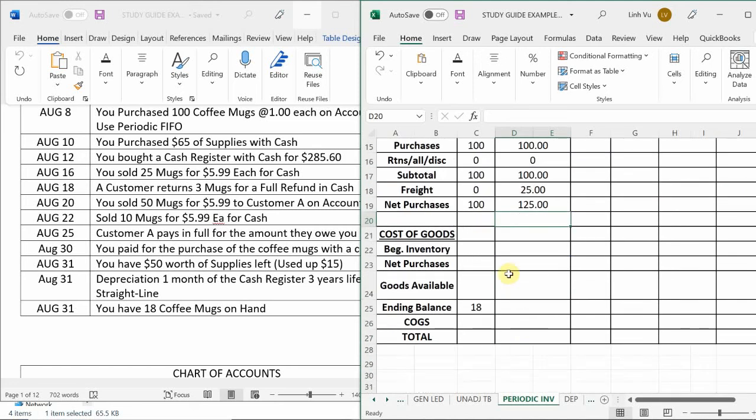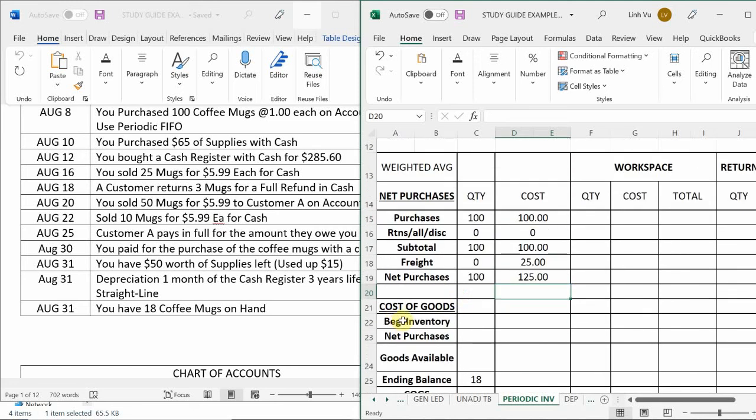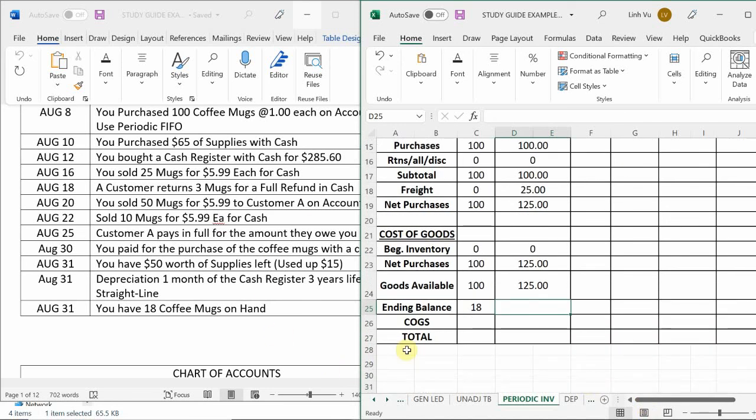Then, of course, we have cost of goods sold here. We have 0 beginning inventory, and we have our net purchases. Carry those two numbers down, and your net purchases becomes your goods available. Now, in this case, we only have 18 left. So how do we solve for how many we sold?